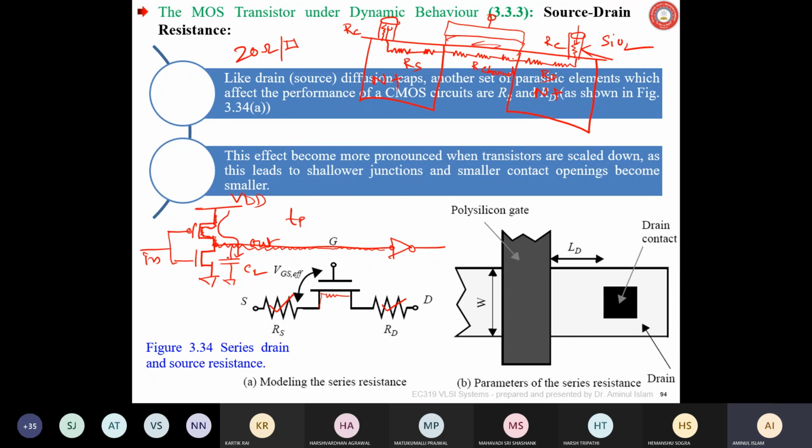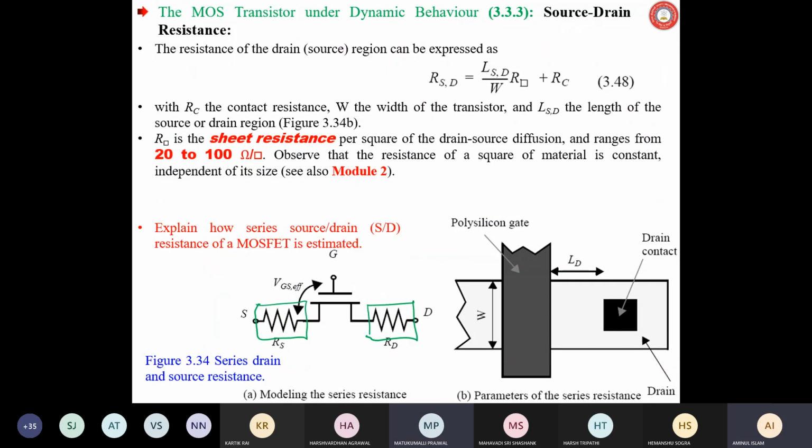All three come in to charge it up and discharge. Hence the delay will increase because of these resistances. Circuit speed will be low. Do you understand, Prajwal? Yes, sir. So it is important.